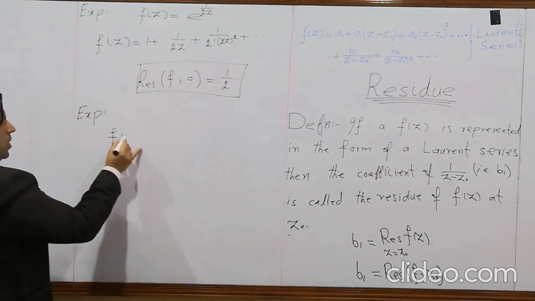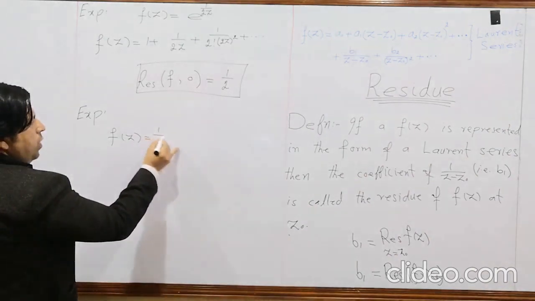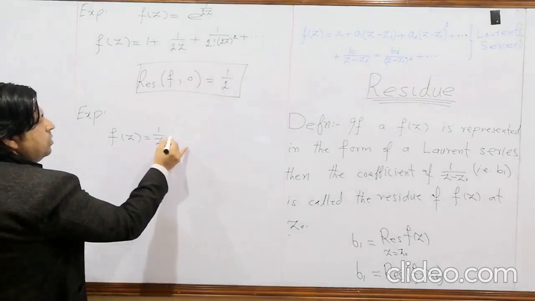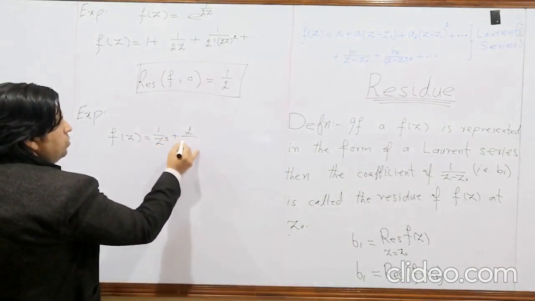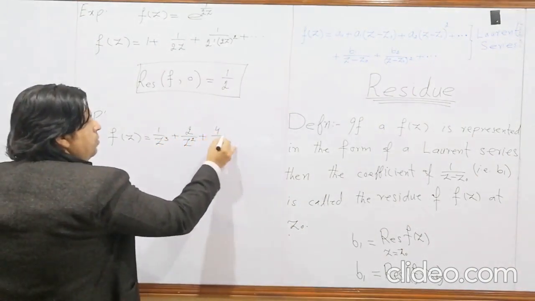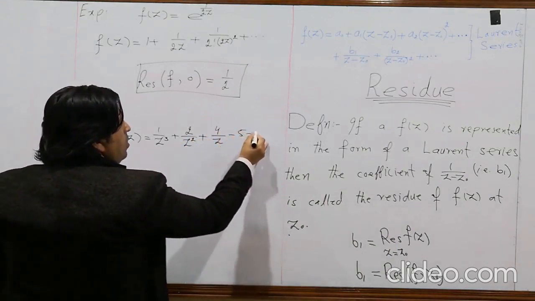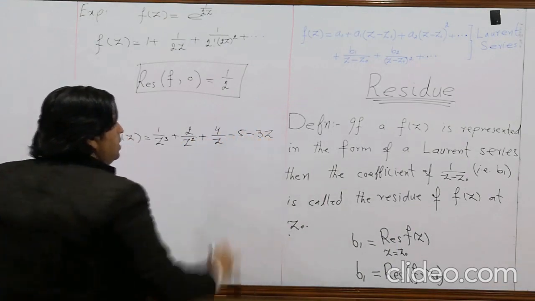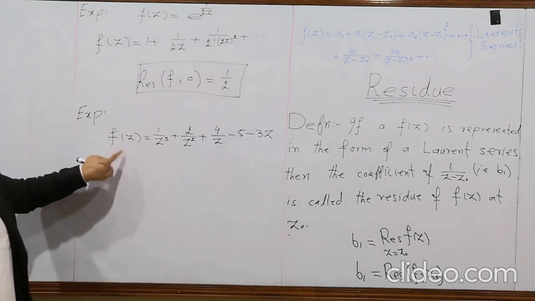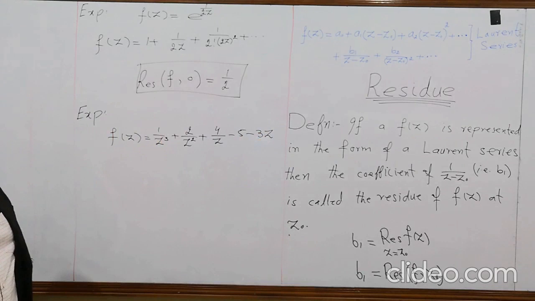Let me have a function f of z which is equal to 1 over z cube plus 2 over z square plus 4 over z minus 5 minus 3z. Find the residue of this function. This function is already in the Laurent series.